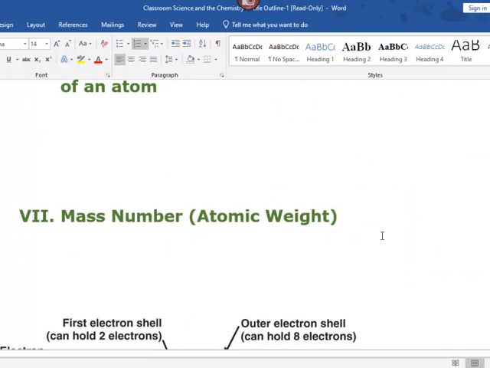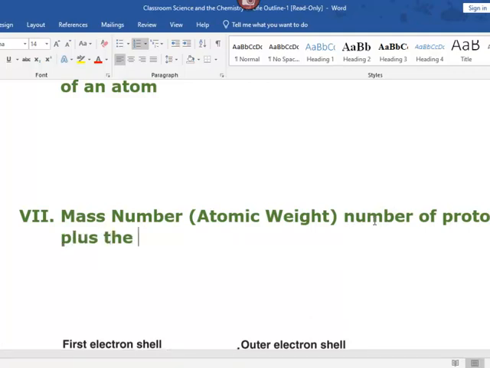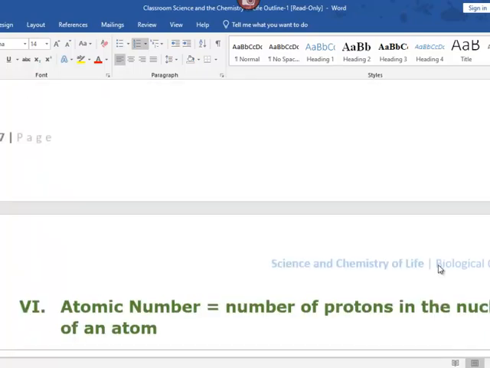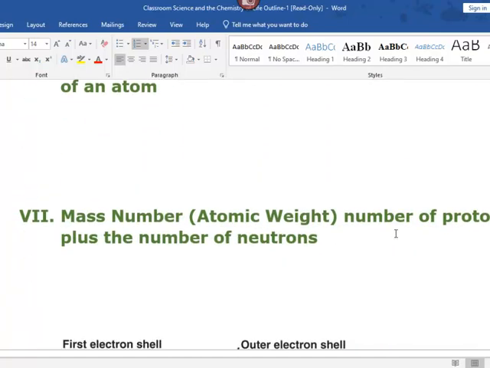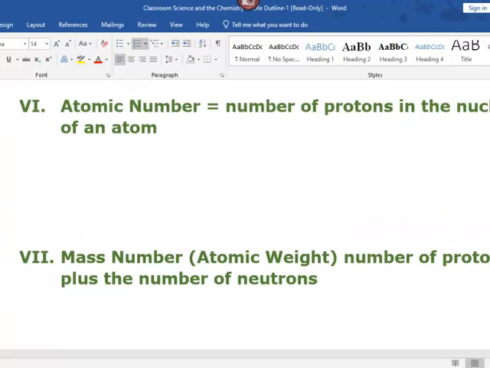The mass number is the number of protons plus the number of neutrons. So you add the 2 together. So here are 3 protons, and then you have 1, 2, 3, 4 neutrons. So the mass number of this atom is going to be 7. You add the 3 and the 4 together. That's pretty easy. That's basic chemistry.